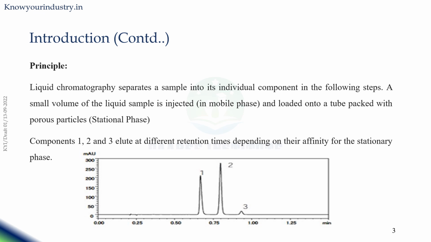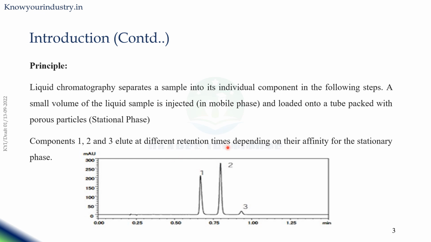You can see when a small volume of liquid sample or a formulation sample is injected in the mobile phase, it is passed onto a tube packed with porous particles. That is the stationary phase, generally a column which is fixed into the liquid chromatographic instrument. So here you can see the separation of three components from the sample with different retention times.